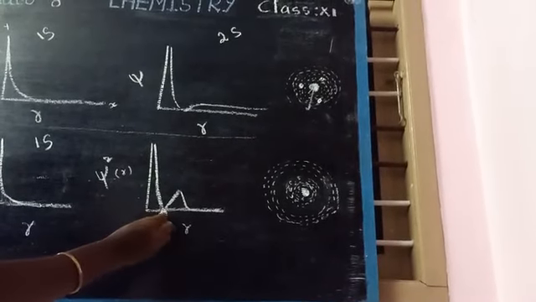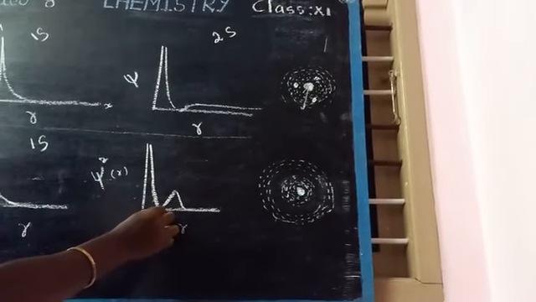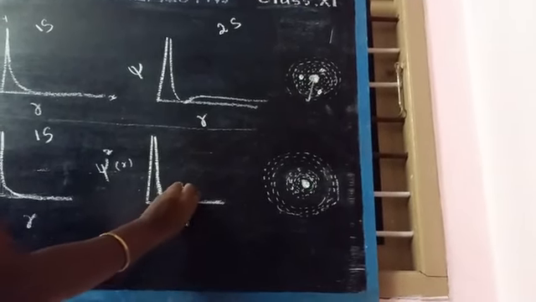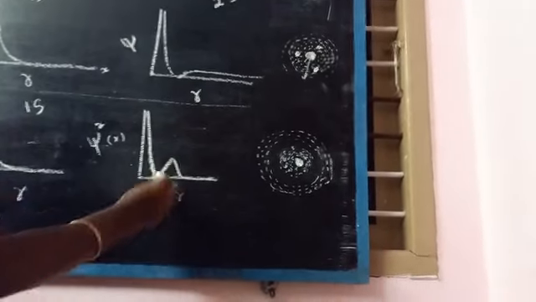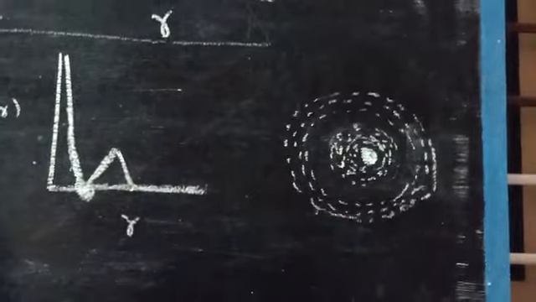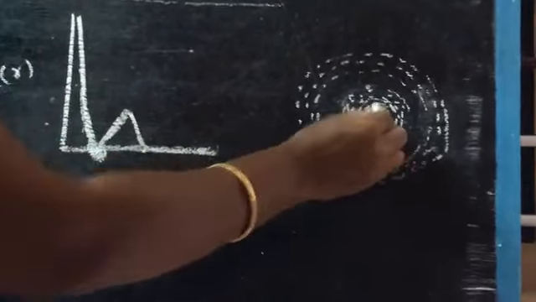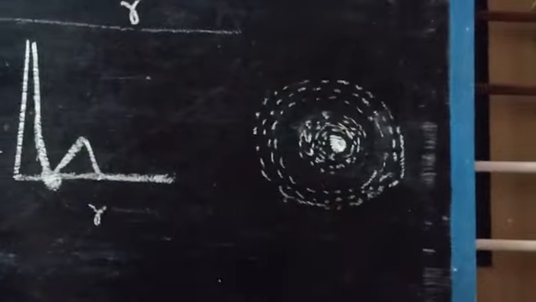Next, at a particular point it reaches 0. Again it increases, then it decreases and reaches 0. So see this diagram: here is the center, the nucleus.